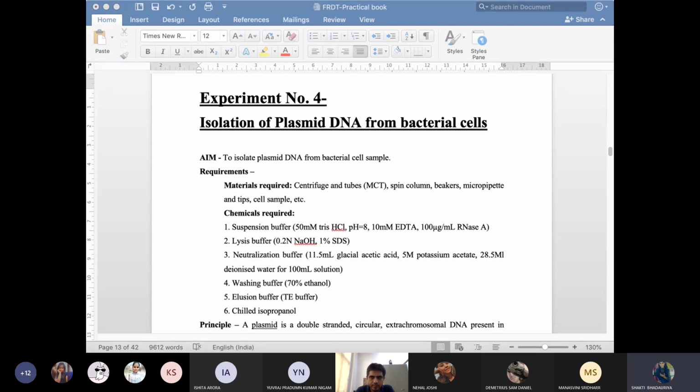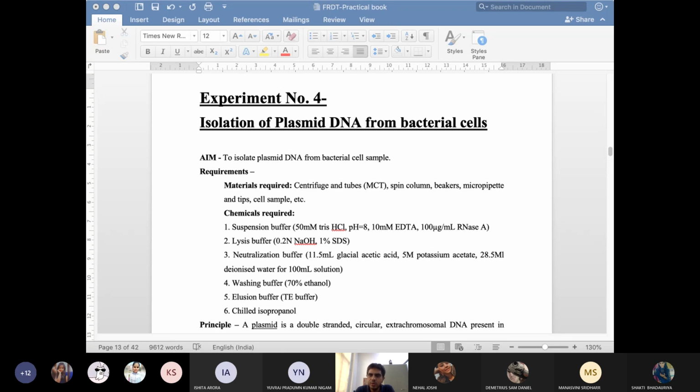They just provide extra specific functions to the cell. Yeah, that's fine. But is this property going to help us? A cell which does not have a plasmid, we can't isolate a plasmid from that cell. Sir, when we are going to isolate a plasmid, that means that cell must have a plasmid. Then only we are going to isolate.